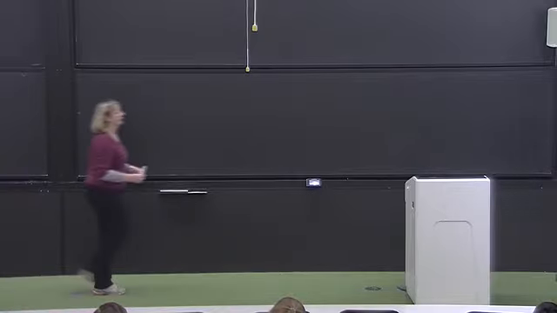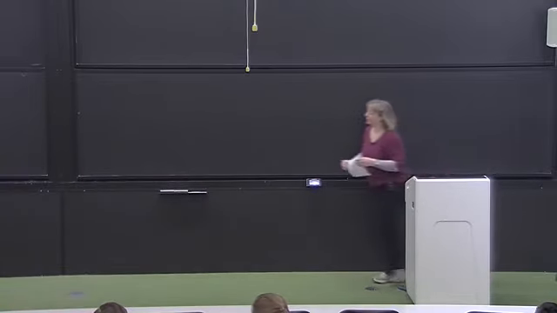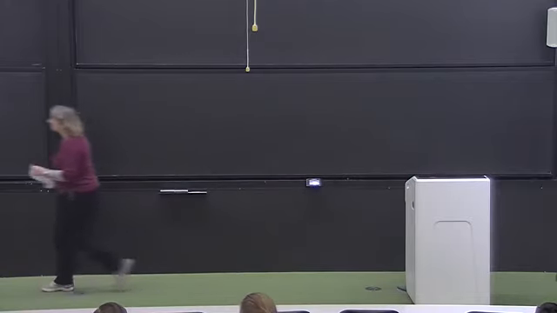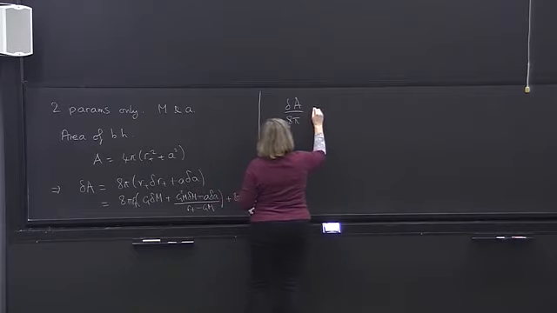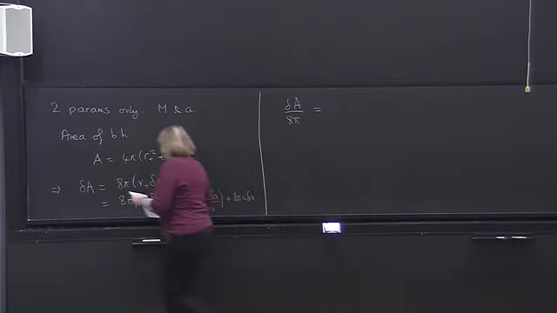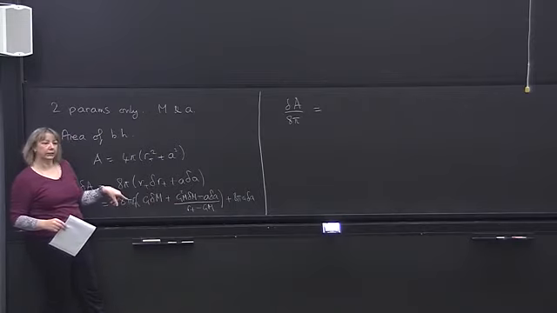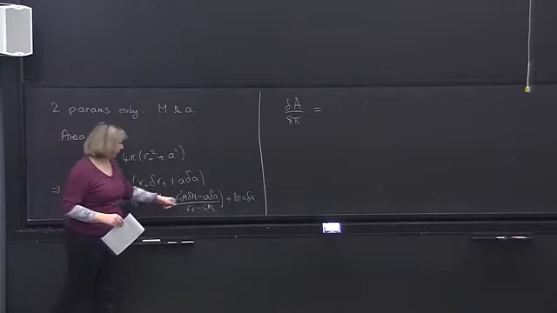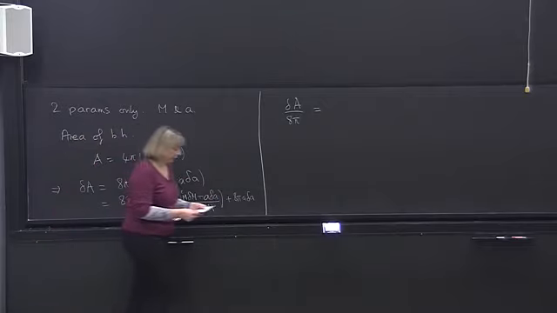Right, so let me continue with manipulating the area of our Kerr event horizon. The pieces on the right-hand side are proportional to delta M and proportional to delta A, so I can just pull these two together.